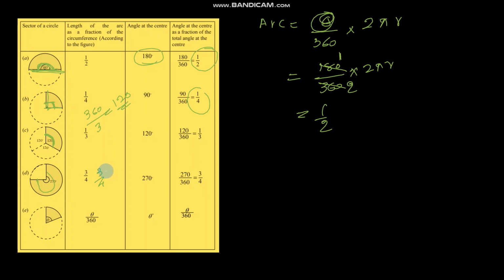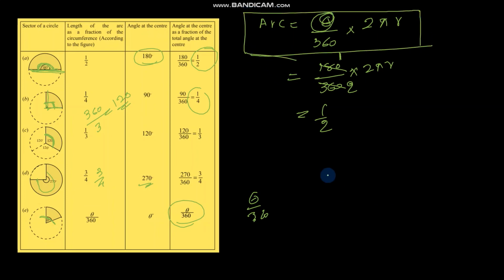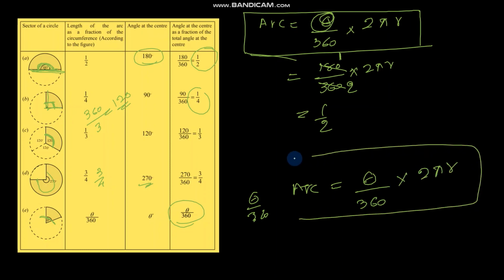Three quarters of it is equivalent to 270. If you don't know the angle, that is theta, it is theta divided by 360. My recommendation is to stick to this particular formula: arc is equivalent to theta divided by 360 multiplied by 2 pi r, right? Stick to this one, and you can figure out the rest of the arc formations accordingly.